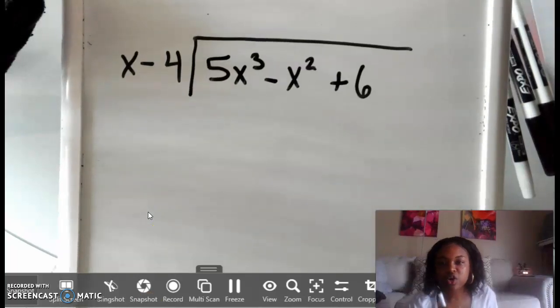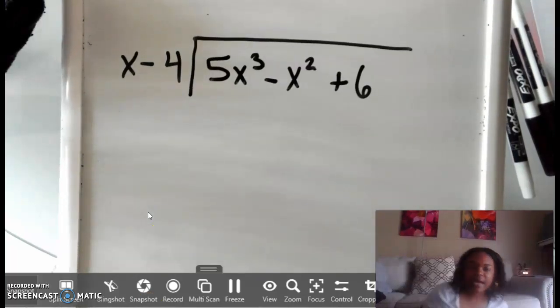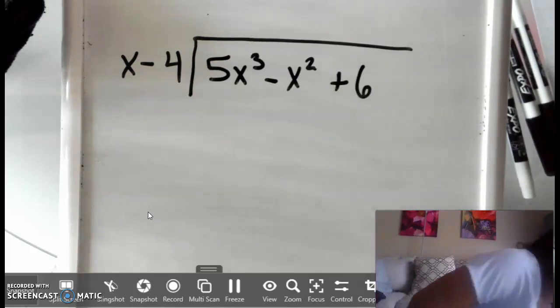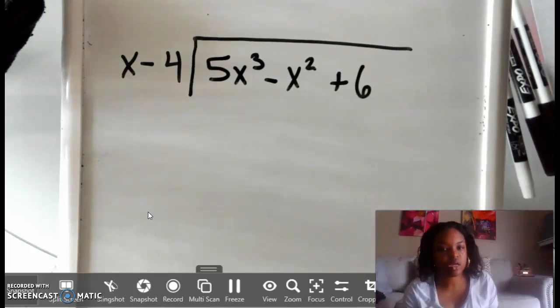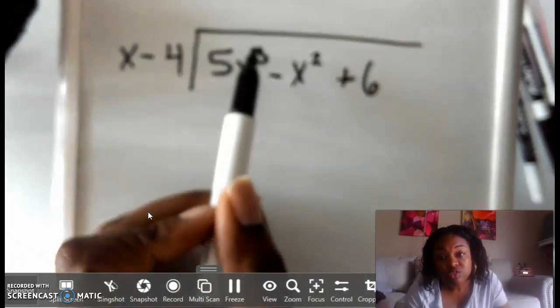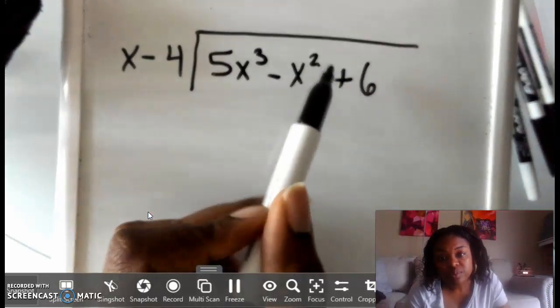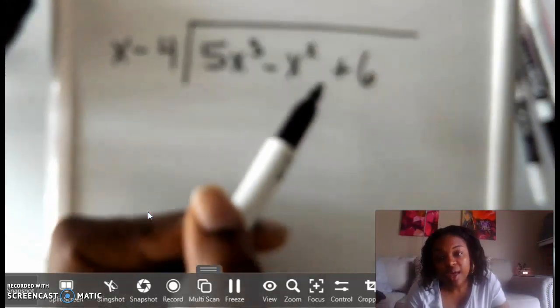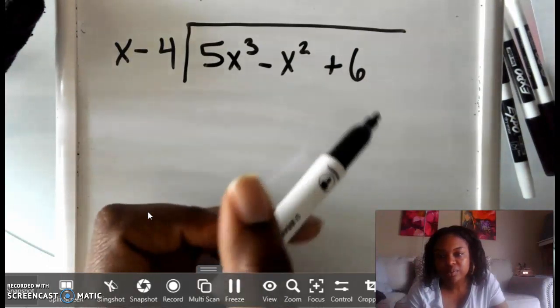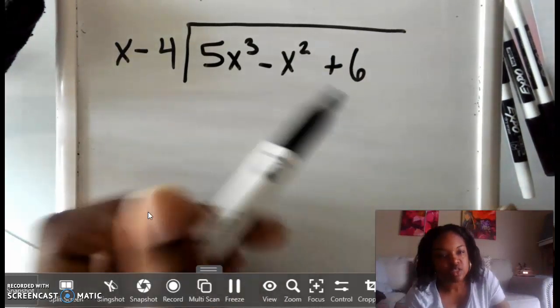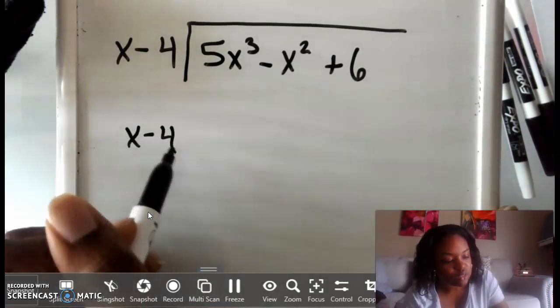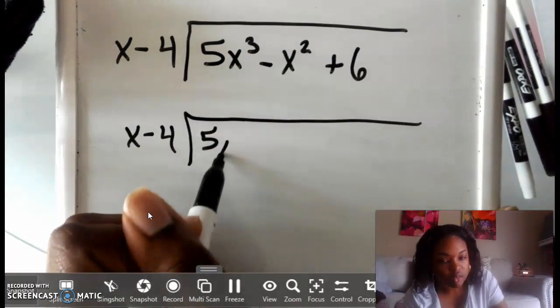Okay, so here is the division problem that I'm giving you to begin with, that I'm showing in the PowerPoint. So here, what you see is you have an x cubed term, x squared term. You don't have an x term, but you have a number constant here. So what I did first was just rewrote this so that I'm seeing all the terms.